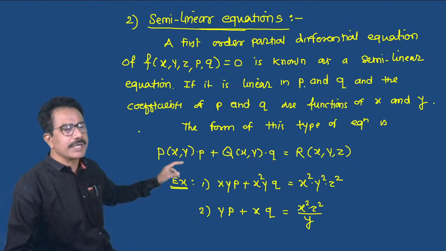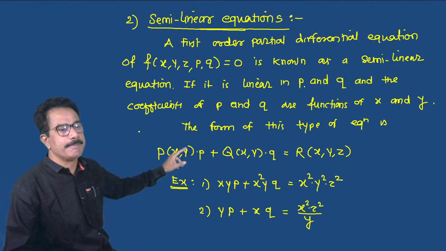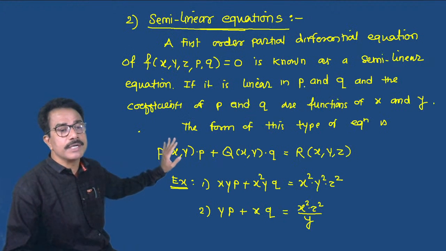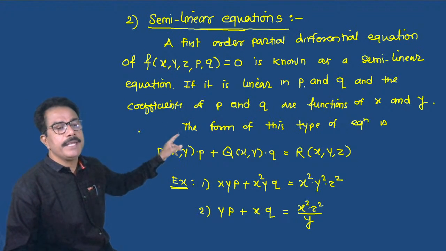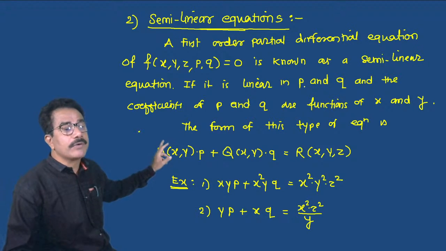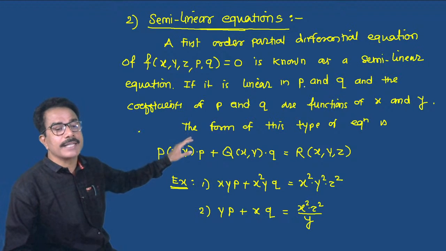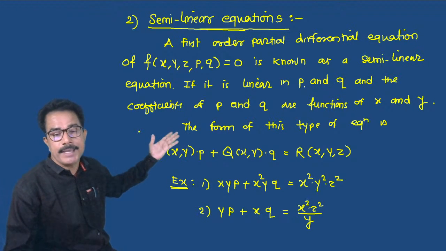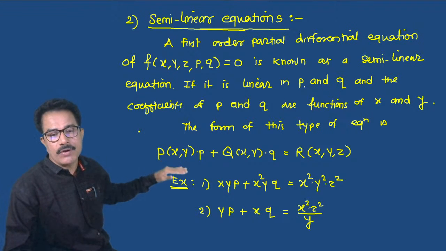So there is no condition about x and y. See this, p and q, but the coefficients of p and q are the functions of x and y. It may be varied or it may not be varied.